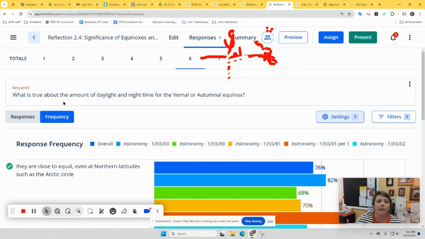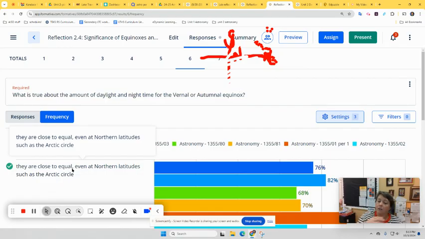So what is true about the amount of daylight and nighttime on the equinox? What does equinox mean? It means equal night. So when we have an equinox, the daylight and the nighttime are equal. We should have 12 hours of daylight and 12 hours of nighttime.